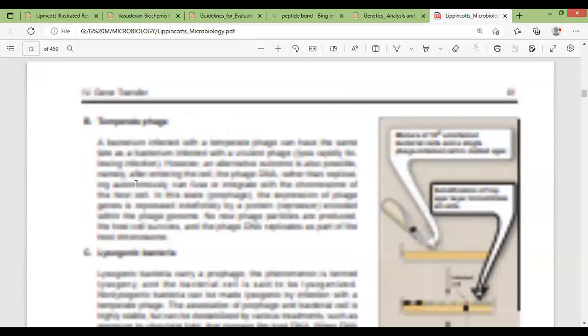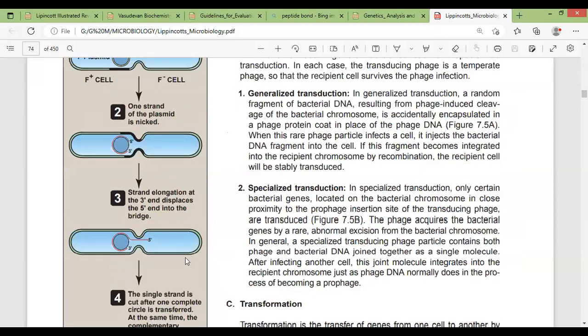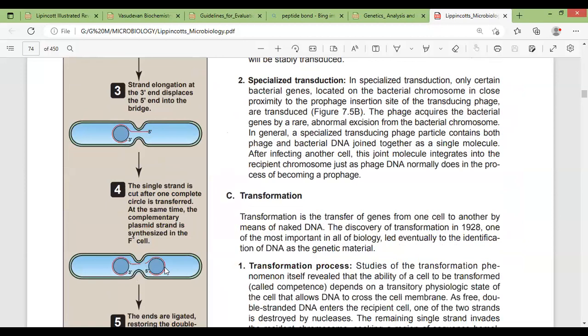Here, one of the strands gets nicked and goes that way. Once it goes that way, it has entered the F minus cell. And from this strand, the bacterial cell is able to synthesize a complementary strand so that it is double-stranded.